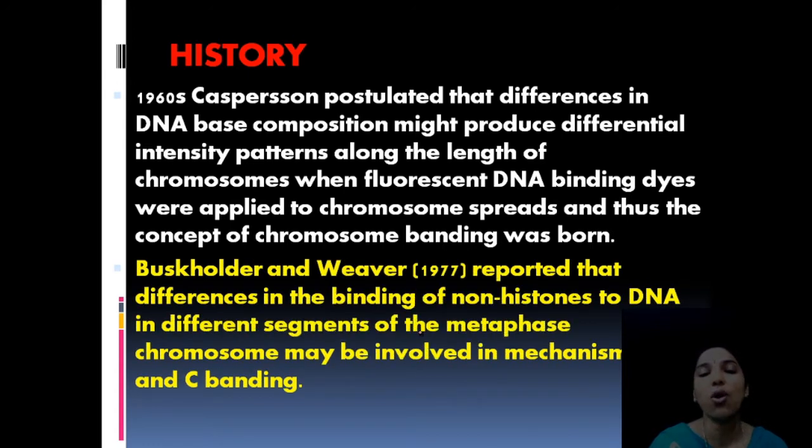Another one is Burkholder and Weaver in 1977, who also reported differences in the binding of non-histones to DNA in different segments of metaphase chromosomes, which is involved in the mechanism of G and C banding. Different types of binding are there. In 1972, from the Paris conference, the concept was also derived, many scientists tried to practice this, and finally different types of banding came into practice.